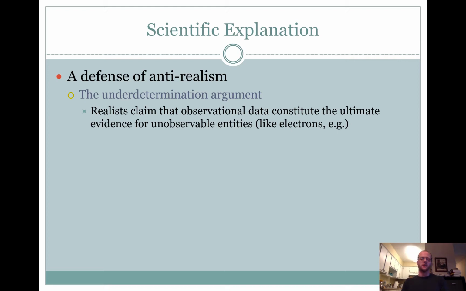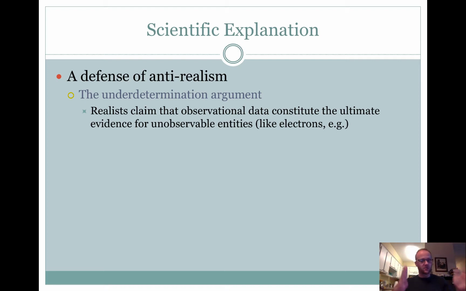So realists claim that whatever observational data you have, that's what constitutes the ultimate evidence for unobservable entities. So think, for example, about that cloud chamber. We have all this observable data, like, for example, the lines moved in the vaporized water particles inside the cloud chamber.